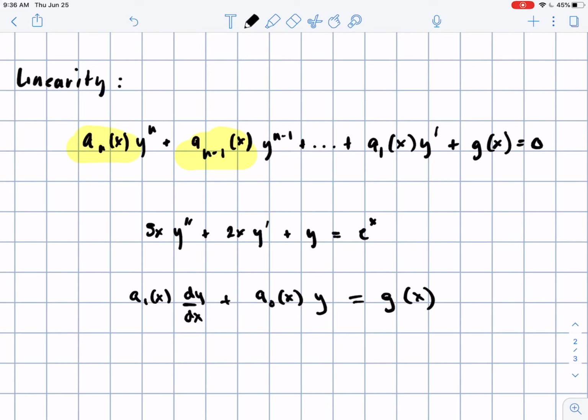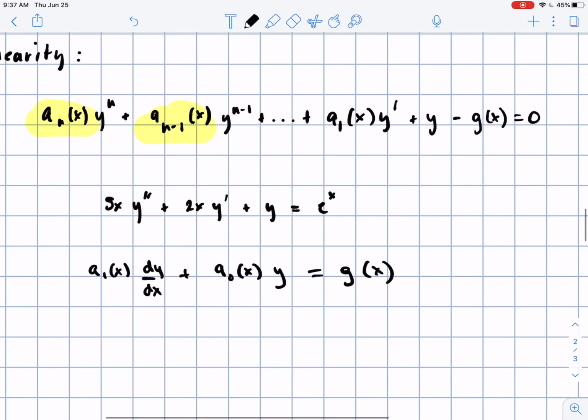I mean, again, over here, oops, I didn't even catch that. So just remember, you always have a chance that your function will be in there as well, like the y function, not the derivative, the y function, and then minus or plus some function of x equals 0, and then you can see how it matches up that way. But remember, for linearity, what you want to look for is you have all types of derivatives of your function y.